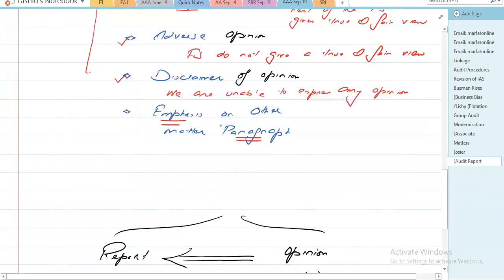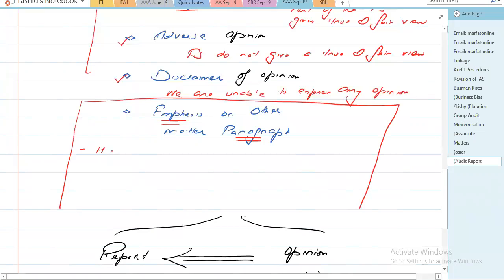So where is this emphasis or other matter paragraph used? The first thing you need to understand, I'm going to draw a line here. The financial statements are true and fair.